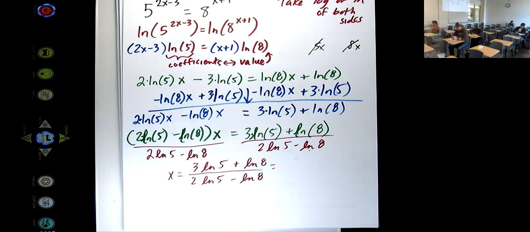This calculator is a pain in the ass. I need to bring my actual handheld calculator rather than using a phone app.